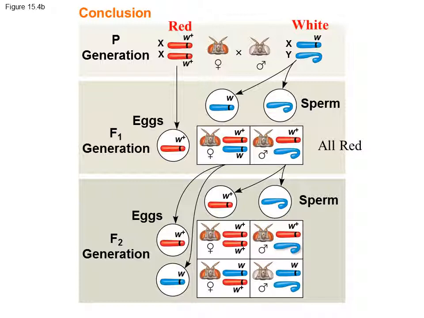So this is the conclusion of Morgan's cross. You cross a red and a white-eyed purebred Drosophila and you get all red. All red are heterozygotes. Then when you do a subsequent cross of 2 F1s and get the F2, you get a 3-to-1 ratio.